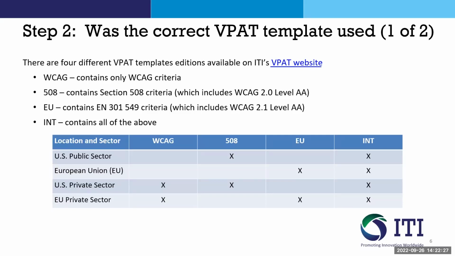The international report, and you can see on the table here, there's a table that lists which criteria is included for each version, and then what works for different locations in the world and different sectors within that location. For example, US government, public sector might be different than the private sector might want.